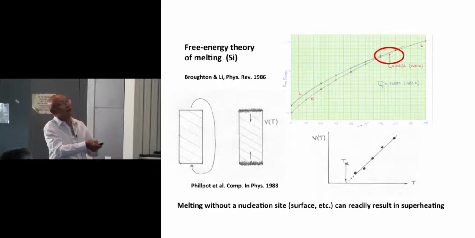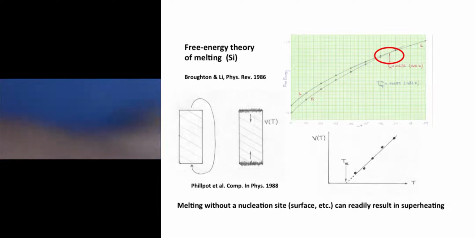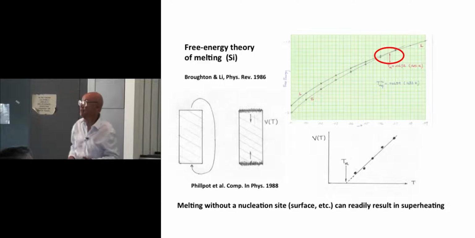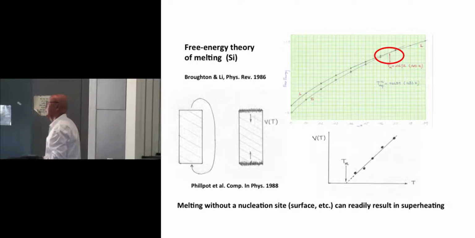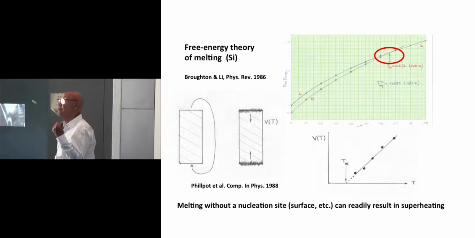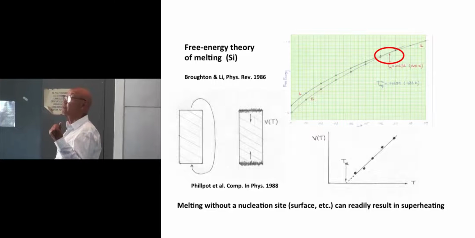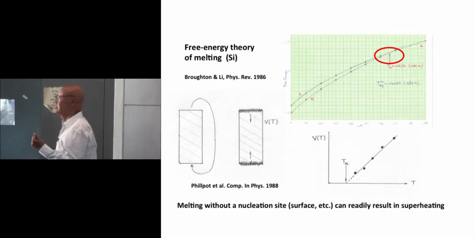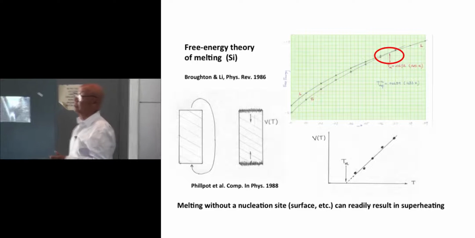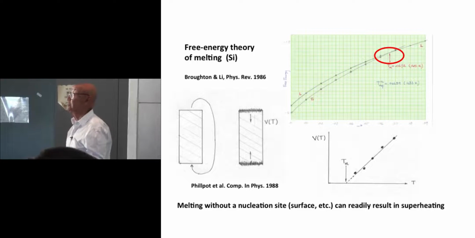They cross, so that above a certain temperature, the liquid has a lower free energy. That's precisely the meaning of melting in a thermodynamic sense. I remind you, in this calculation, they didn't have to say how does a crystal melt. They simply were interested in predicting the free energy, which didn't care about mechanism. So basically, it's a purely energetic calculation, the free energy.